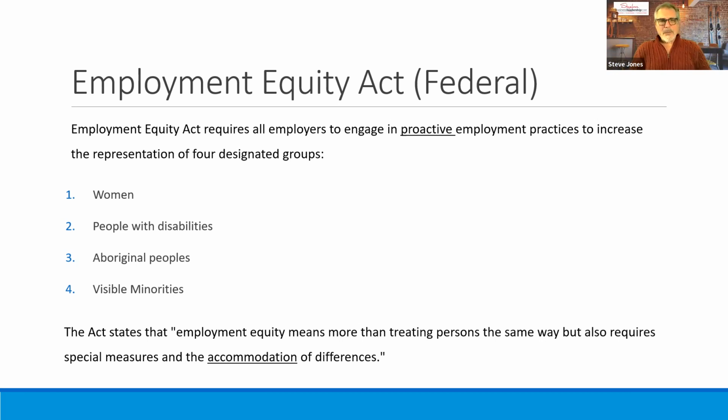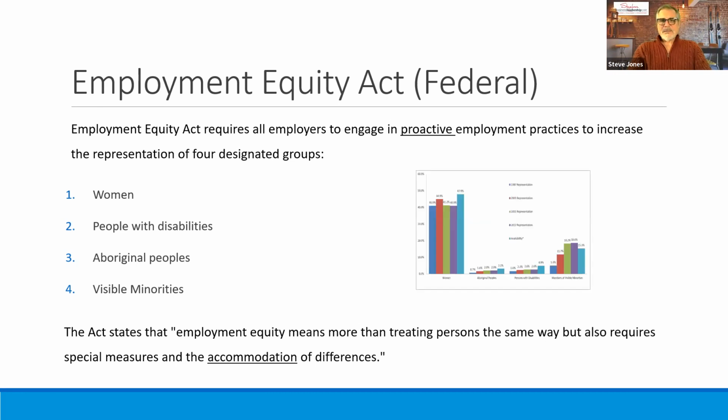So the expectation of employment equity means more than treating persons the same way, but also requires special measures and the accommodation of differences. In other words, if you've got some differences, you can introduce special measures. You can say we're only going to run this job in Aboriginal newspapers for the next little while because we ran it in the local newspaper and we got 0 Aboriginal people who applied for this job.